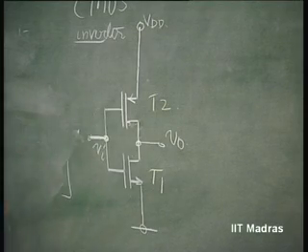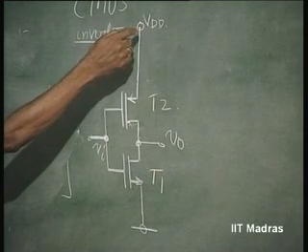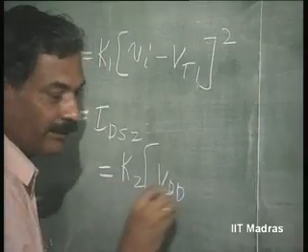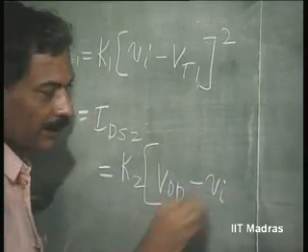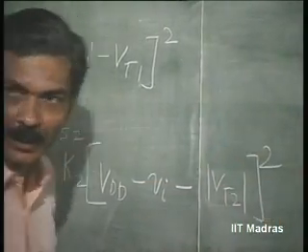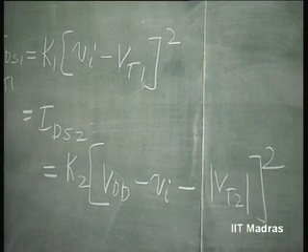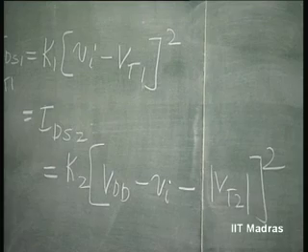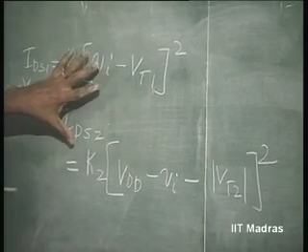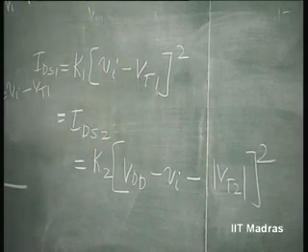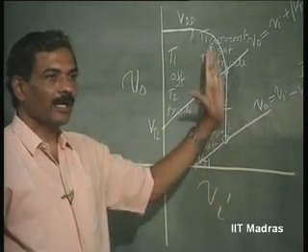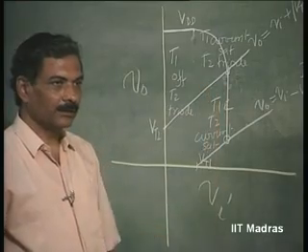This is actually nothing but VGS2, which I am putting as Vdd minus Vi, minus magnitude of Vt2, whole square. So, you can see that this is perfectly linear, in the sense linear, and slope is equal to infinity, and this is the region where the amplifier is in active region.